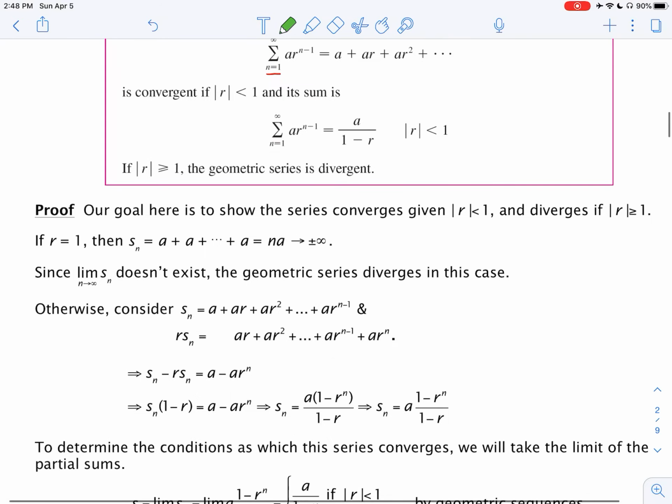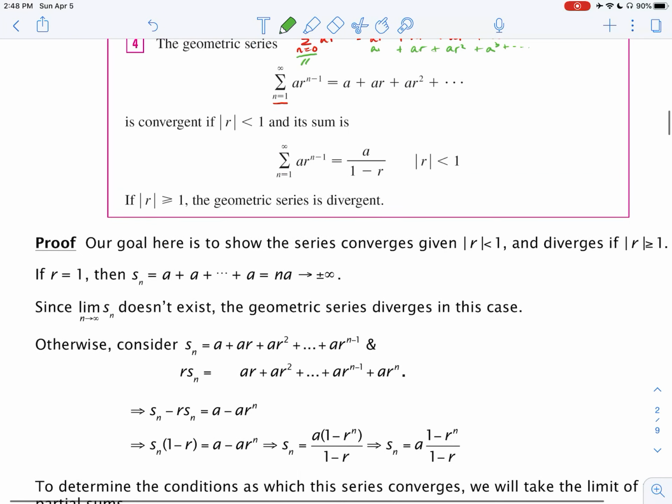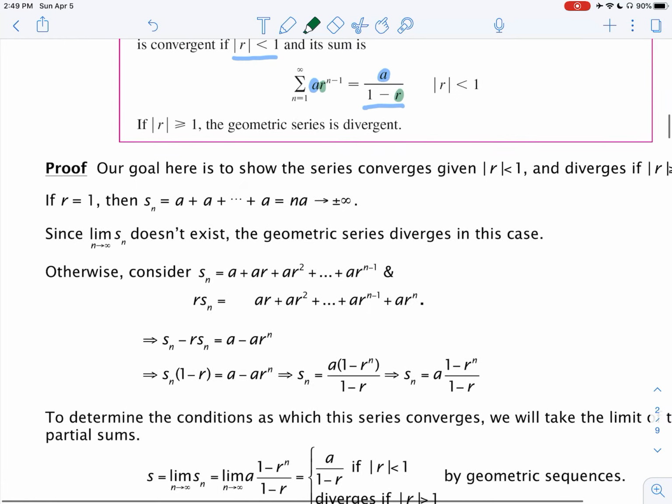It's a pretty simple type of proof, but notice here that if the absolute value of r is less than 1, then the series is convergent, and you can actually calculate the value of the sum, which makes it fun with some applications. So we would take a here, plug in the a, and whatever r is, we would plug in the r down here, but we can only use that formula if the absolute value of r is less than 1.